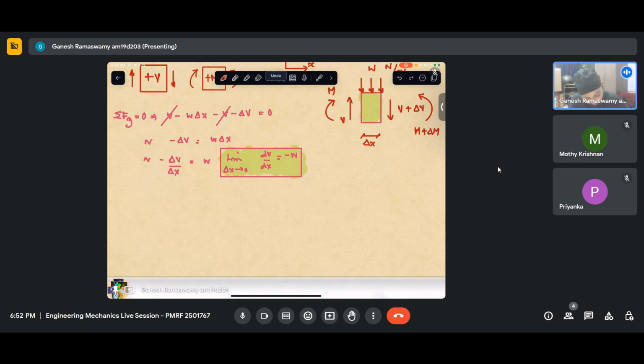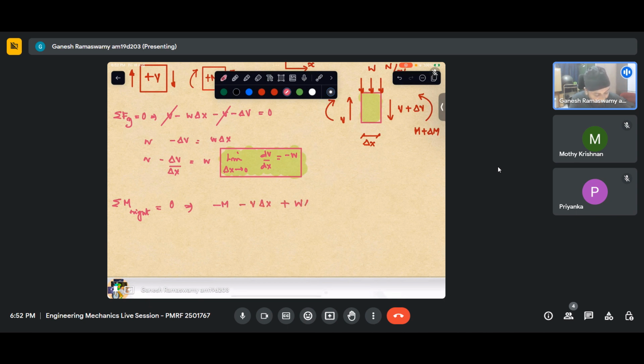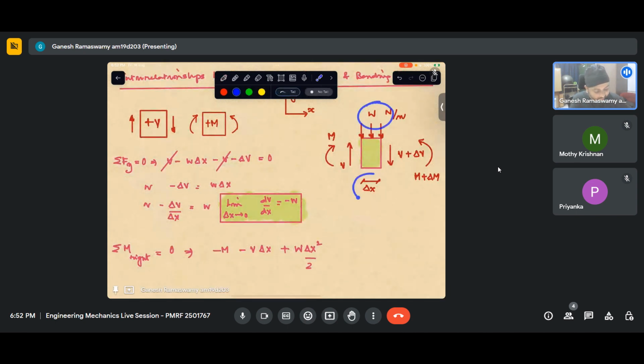If I take the moment equilibrium at this section, on the right section, equaling 0, it will give me minus M minus V delta x plus W delta x squared by 2, because this multiplied by this distance will give me a resultant force that is acting at the center, and that force will create a moment with a lever arm which is delta x by 2.